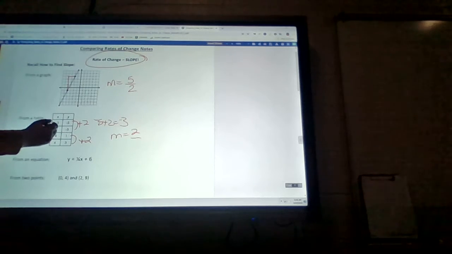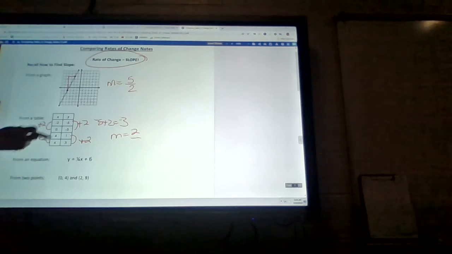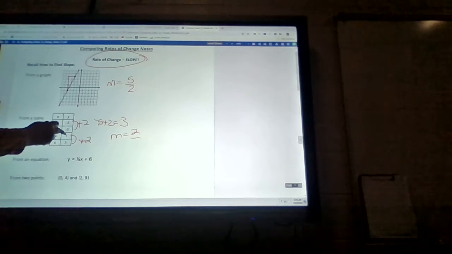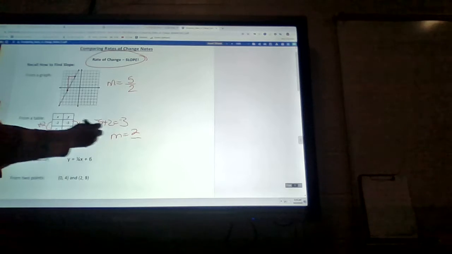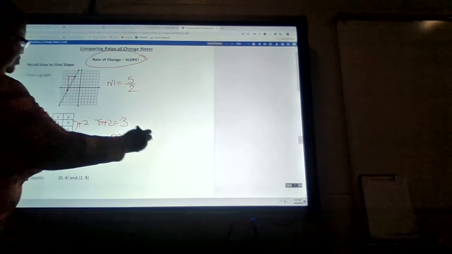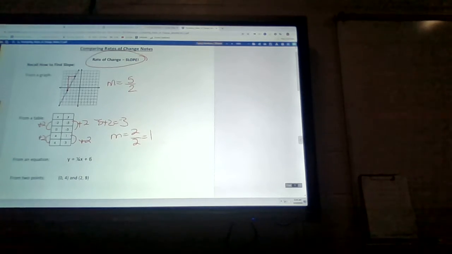See, they left off a number. Because +2 here would be a -1. Okay, so that's 2/2. So that slope or that rate of change, these numbers are also rates of change.